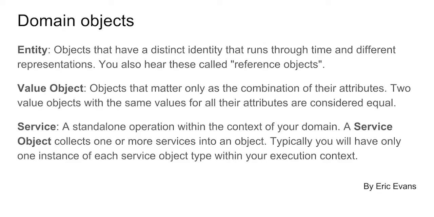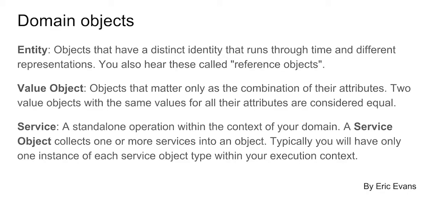There's also the concept of a service, which is a standalone operation within the context of your domain. To simplify this, a service is any action, any operation you would perform on an object. And the service object is just an object which groups those methods. In Magento 2, an example of a service would be any repository.